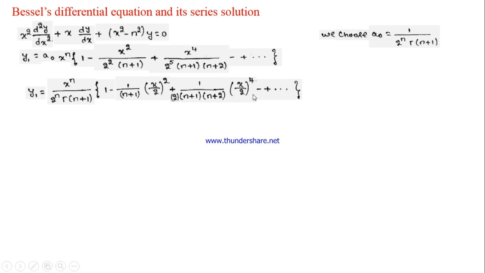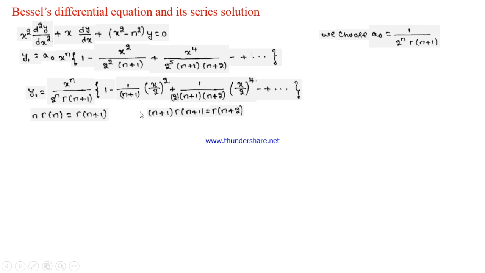Now further, we will make use of the property of a gamma function, gamma of n plus 1 equal to n into gamma of n. And further, if I replace n by n plus 1, you can note it gives n plus 1 into gamma of n plus 1, that is equal to gamma of n plus 2.